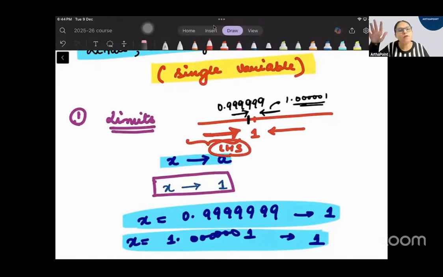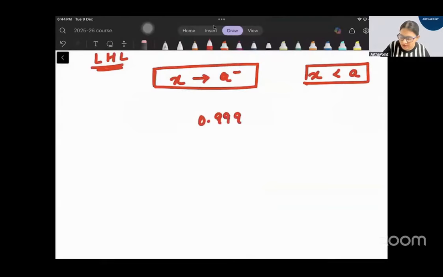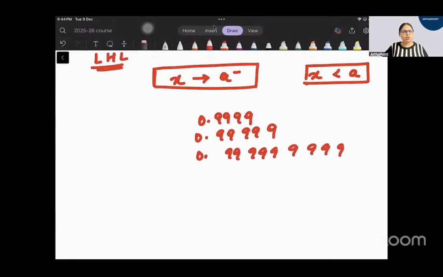So we are taking all values close enough to 1, but less than 1, right? So here we mean that x is less than 1. We can take the value 0.9999, we can take the value 0.99999. So it can be as close to 1 as possible, but less than 1. Then it is called the left hand limit.